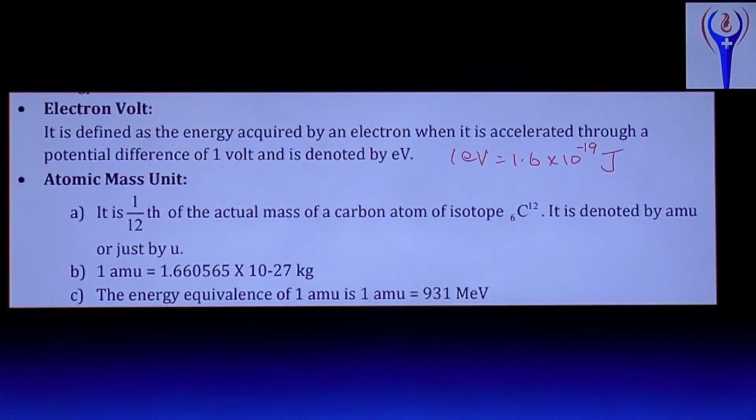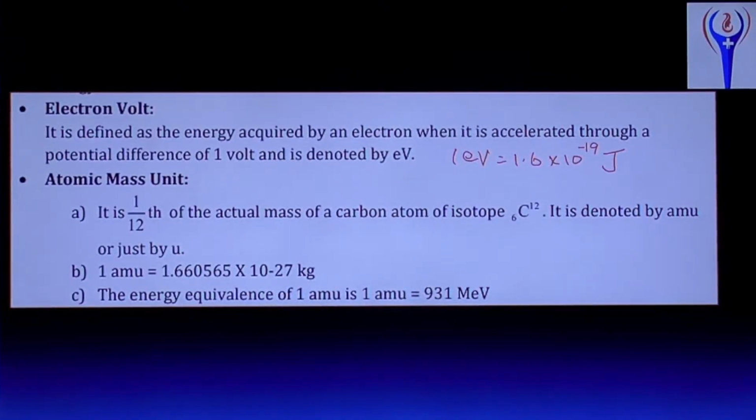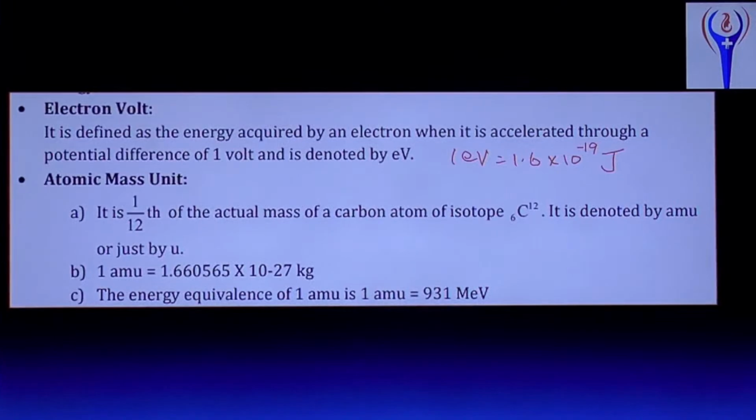Just like, suppose in a problem the length is given in centimeters and you want to convert into meters, into 10 power minus 2, that is 100 centimeter equals 1 meter. Like that we have to know the conversion between eV and joules. That is 1 eV equals 1.6 into 10 power minus 19 joules.